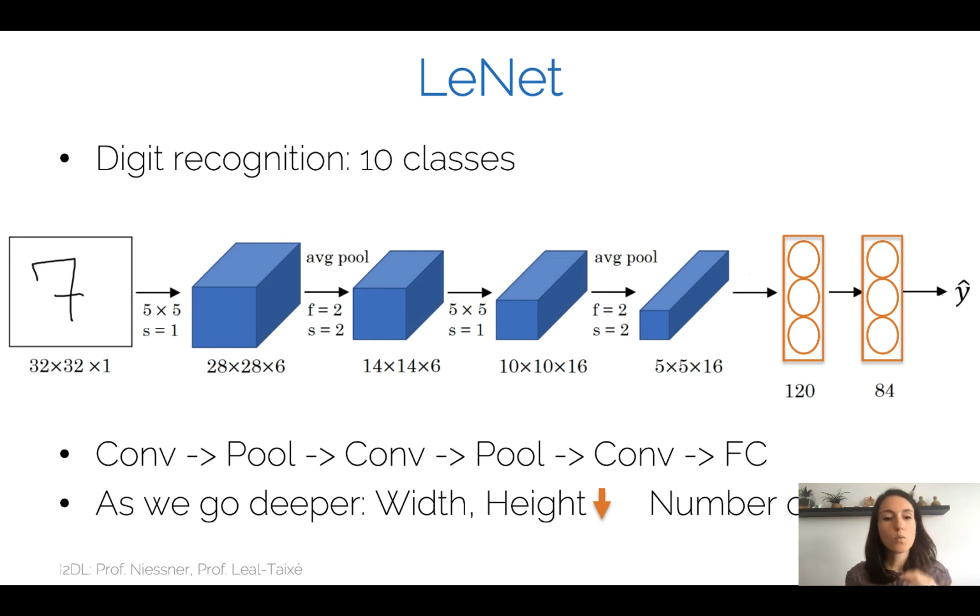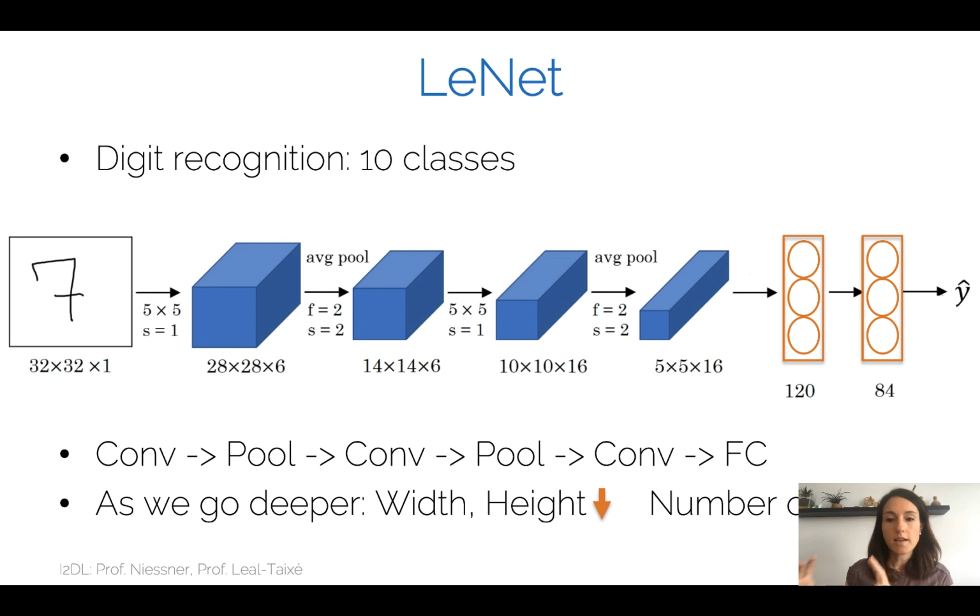Now, also, one characteristic of these types of architectures is that as we go deeper, the width and the height, the spatial resolution, is reduced, but the number of channels is increased. So you can see that we start with a 32 by 32 by 1, so a lot of spatial resolution, but just one channel.